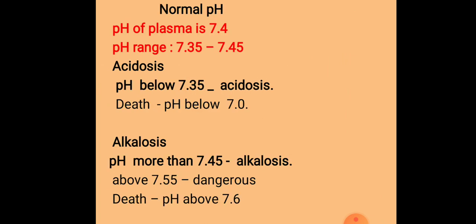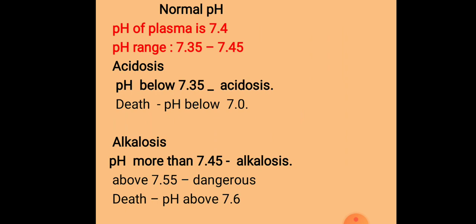Now the normal pH of blood, we already said, is 7.35 to 7.45. Acidosis is a state when pH is below 7.35. This is referred to as acidosis, and that can occur when pH is below 7.